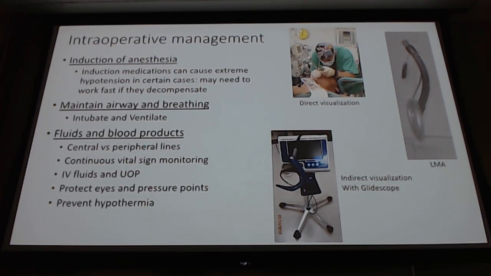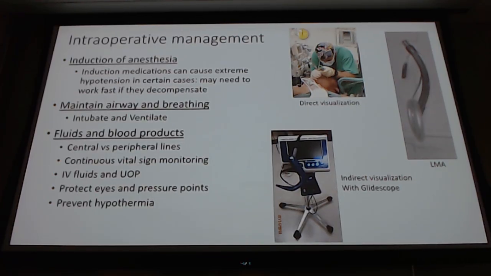So in that case, we normally have everything set up around them. If we think that that's going to be the case, like we are down ready to cut as soon as they are induced to anesthesia. So therefore, if they do go into cardiac arrest, we can act right then and there versus, oh shit, you're going into cardiac arrest and we still have to get down. Okay, so if we can anticipate that any little bit, we will.